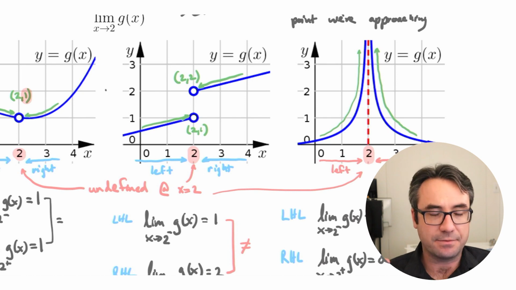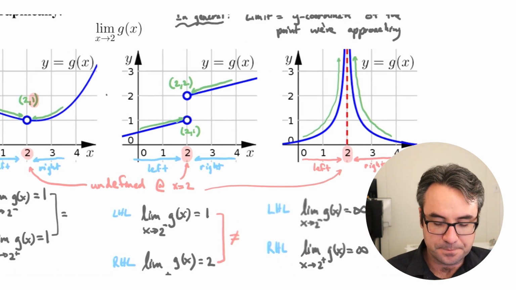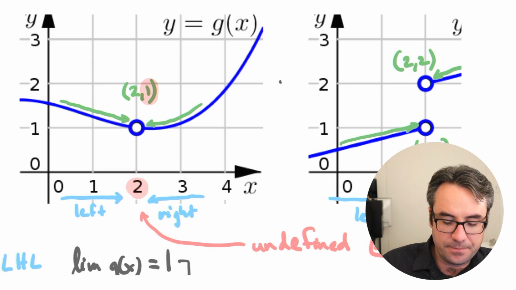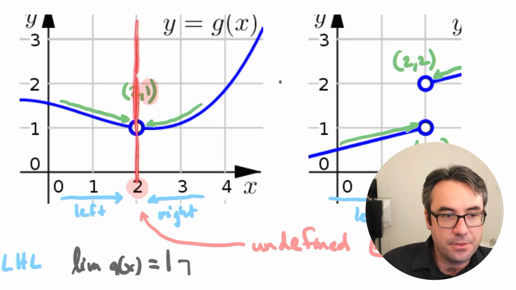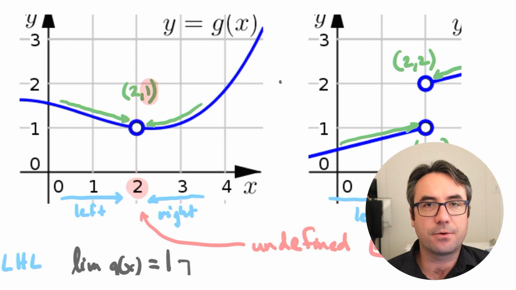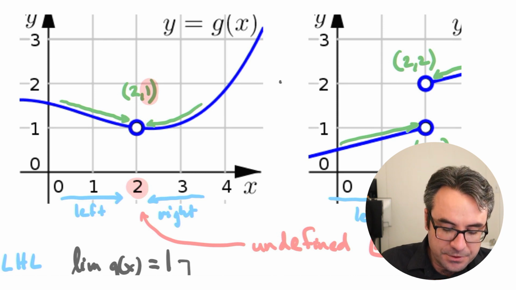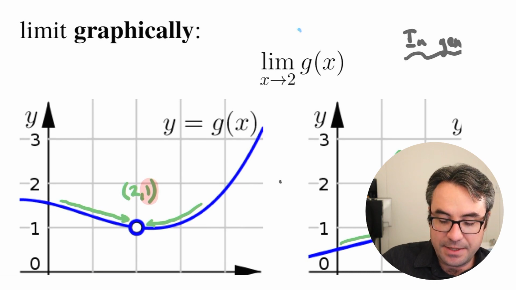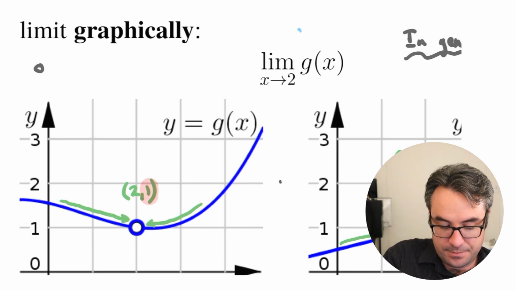Just by looking at these graphs. Well, first of all, in this first one, there's this open dot. So if I look directly at x equals 2, if I look up and down, there's no actual filled in point on the graph. So what this open dot represents is that it's not included.